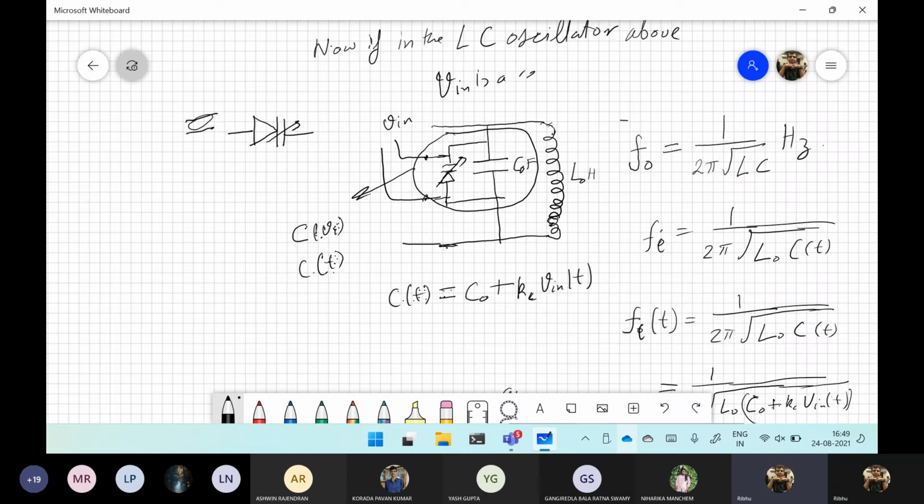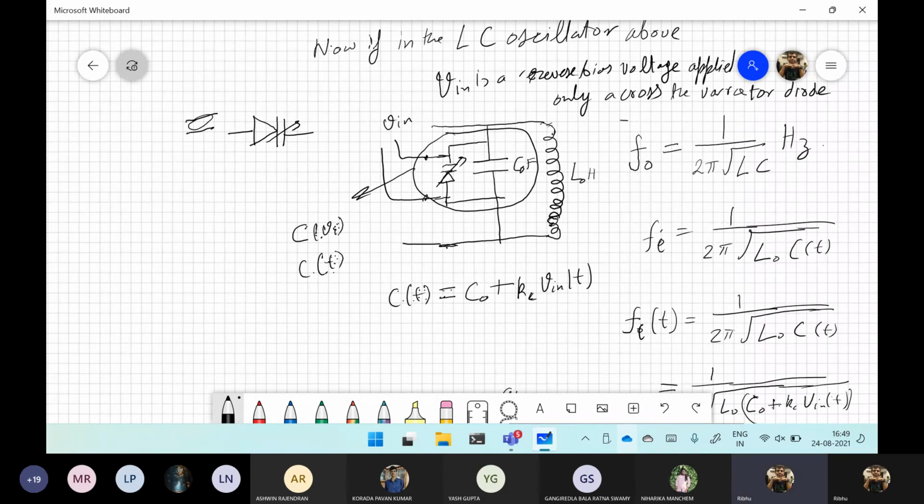The point is that you're applying this V in only across the diode. V in is a reverse bias voltage applied only across the varactor diode.